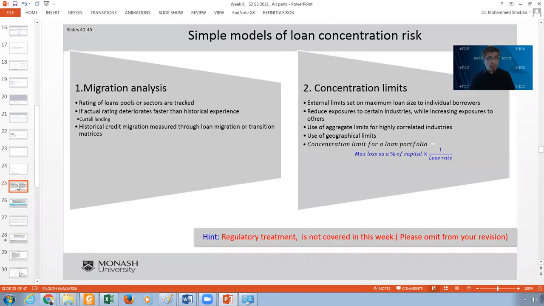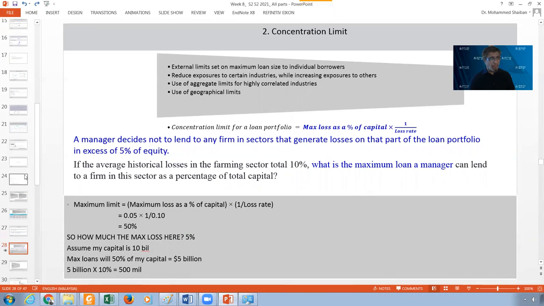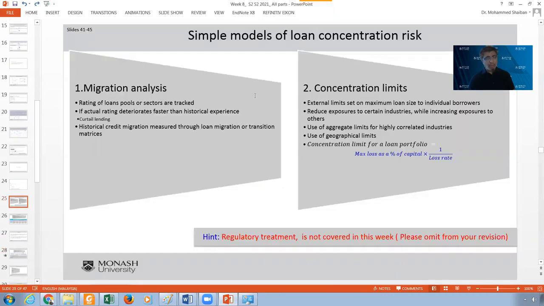Now, for each model, there is a concept. Here we have the migration analysis, and we have what we call the concentration limit. There is another model, which I already omitted, called the regulatory models.